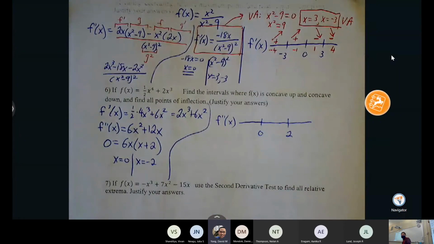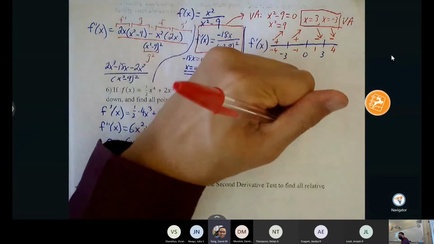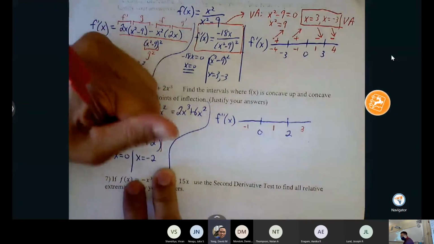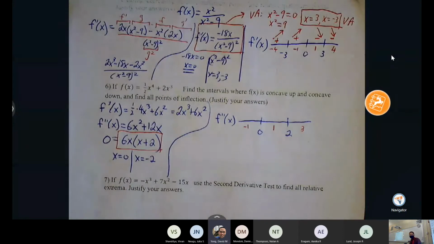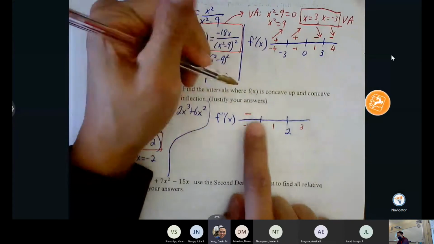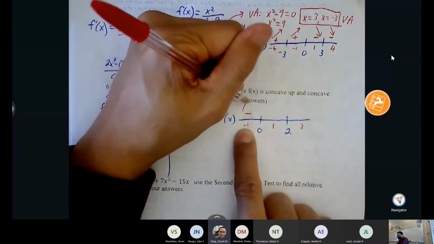Choose numbers around. And where do we evaluate these numbers? F double prime. Good. I like the factor form because it gets me to the sign a lot faster. So 6 times -1 times a +1. So only one negative. So, okay, now with the second derivative, the symbol that we're going to draw is going to be a concave down, right?